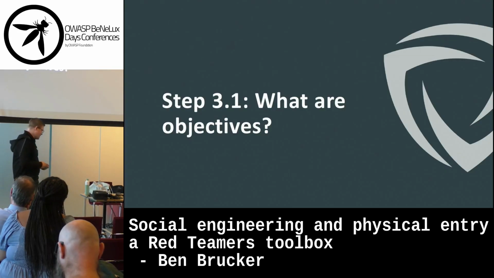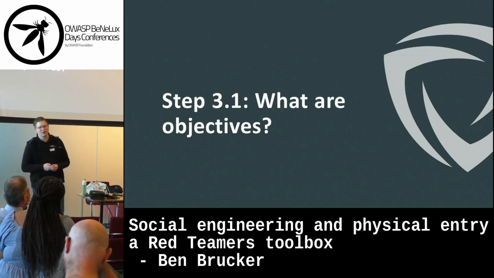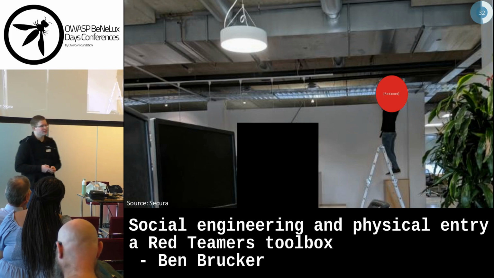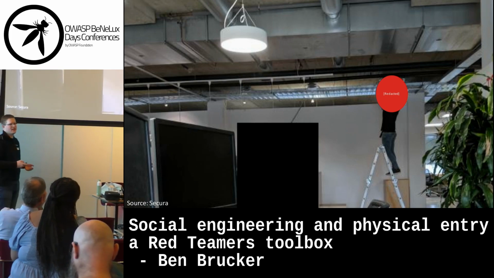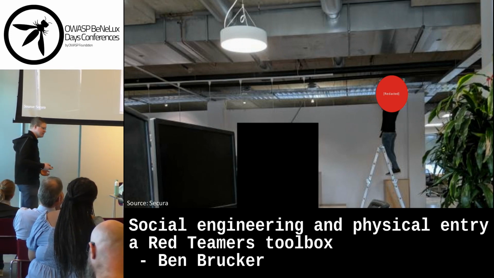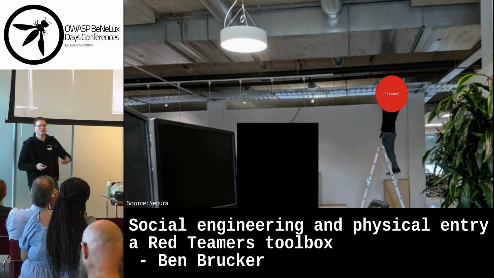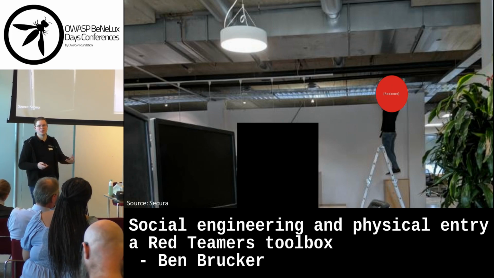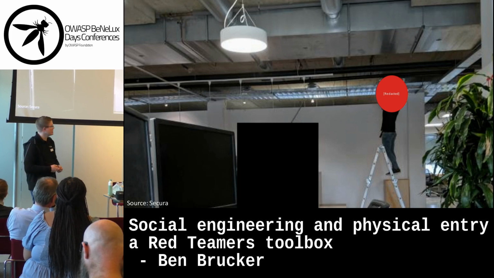So, some objectives that an attacker might usually go after when you talk about IT security. First off, we do want to have remote access to the network, because actually hacking in from the outside is quite hard. You might have a lot of security controls around it. But if you just walk into the building and place a remote access device in the network, chances are it might be much easier to obtain our objectives that way.